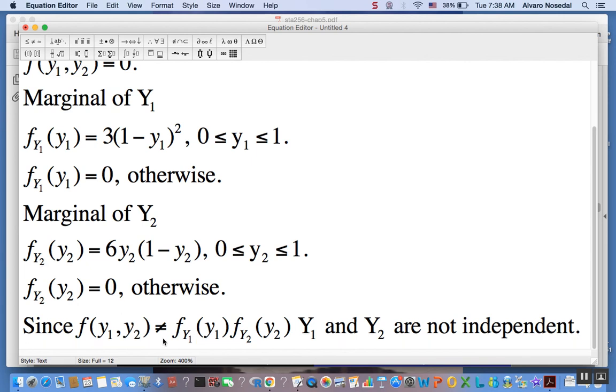And if that is not the case, then they are not. Please take a look at your textbook. For instance, Theorem 5.5 is another way of showing independence under particular conditions. And that's it for now.